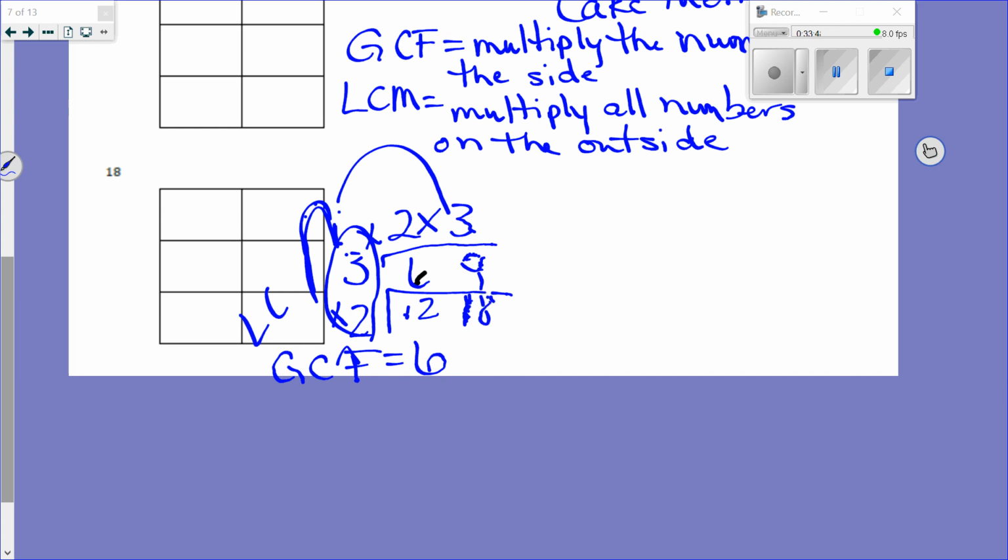So I'm going 2 times 3, which is 6 times 2, 12 times 3 is 36. So in one quick step, I have now found both the GCF and the LCM. Make sense? So again, for greatest common factor, I'm multiplying the factors on the side. For least common multiple, I'm multiplying everything on the outside.